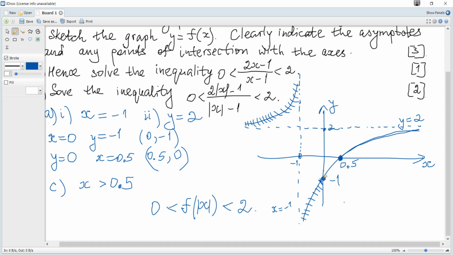So it will be something like this. This point becomes negative 0.5, and also it tends to y is 2 when x tends to negative infinity.